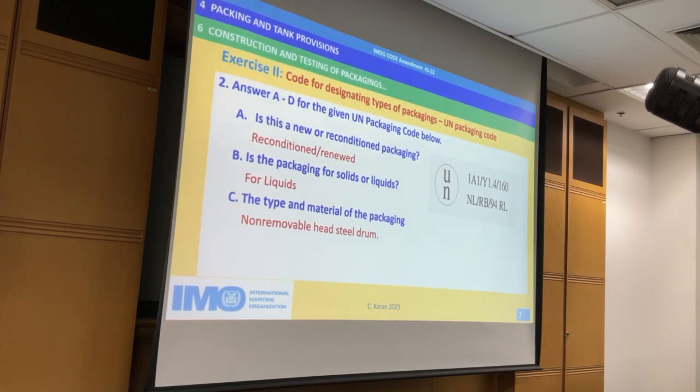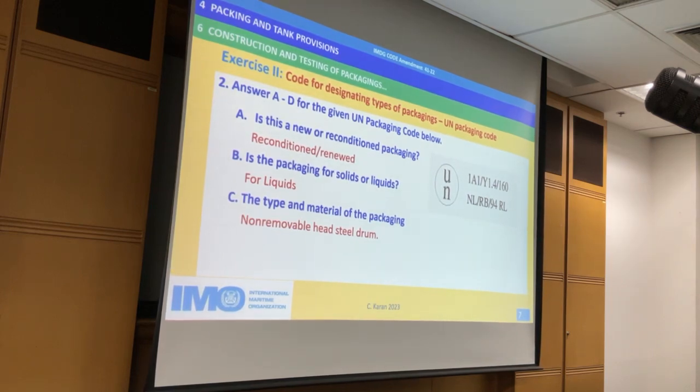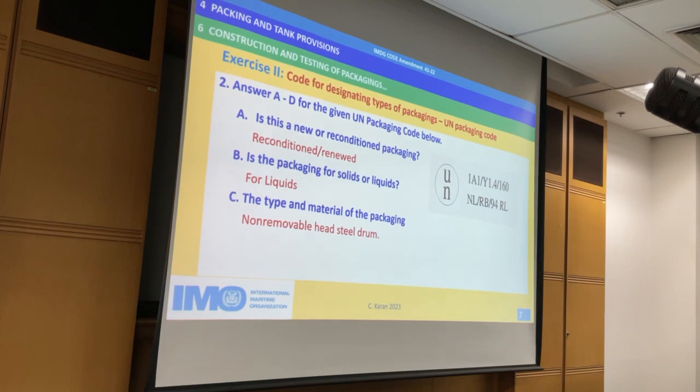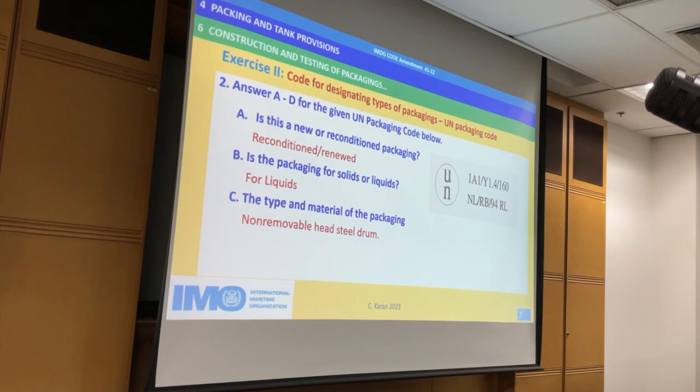You see outer packaging, inner packaging. Plastic bags, test provisions, it will come later. We have the manufacturing, and you see general requirements for different designs with ISO norms.